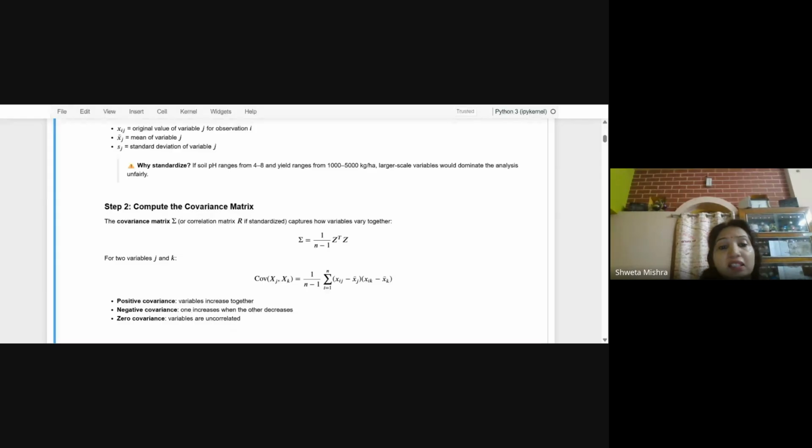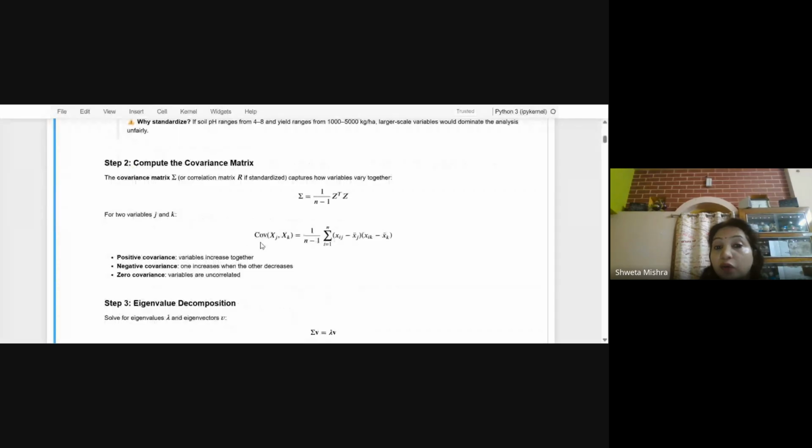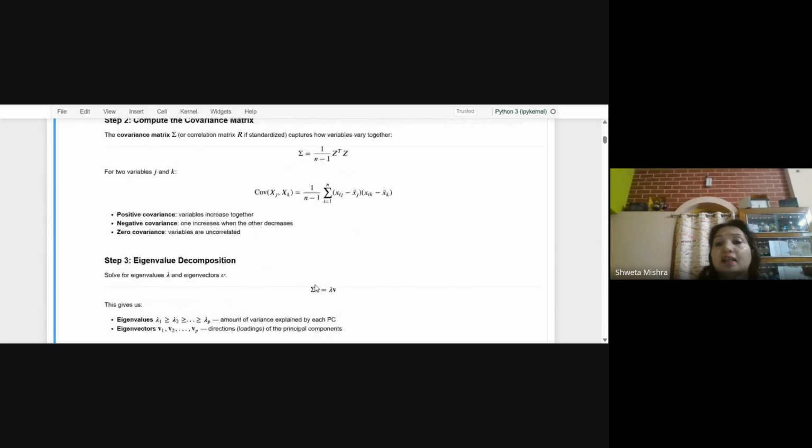But when one is increasing and the other is decreasing, they have an opposite impact. While if we have zero, or we cannot find a specific pattern, in that case we say that the variables are uncorrelated.